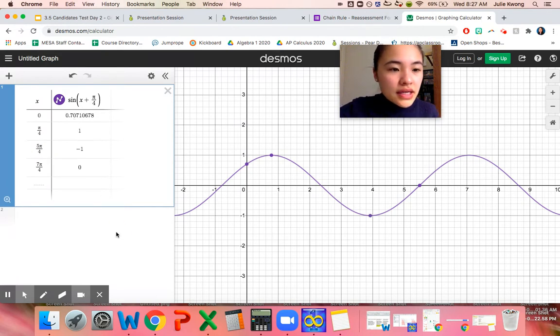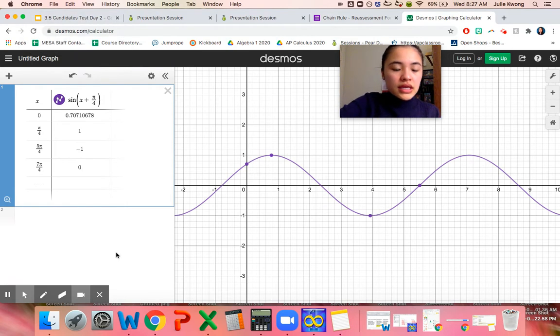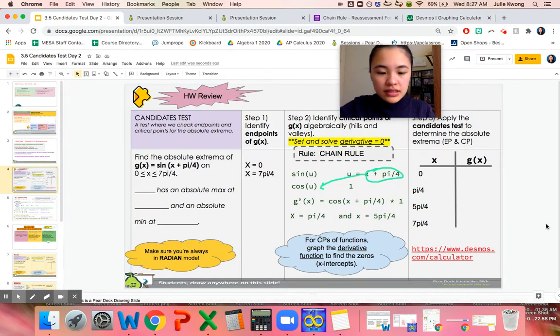And this is beautifully set up here. So we get 0.707, 1, -1, and 0. Let's type that in. I'm actually going to just take a screenshot, but you can type it in here. And what I can do is just paste it into my slide.